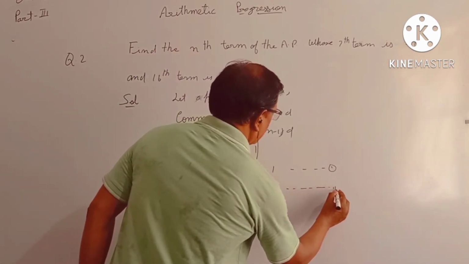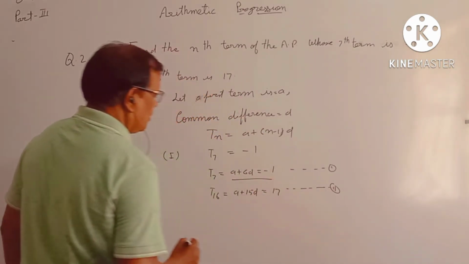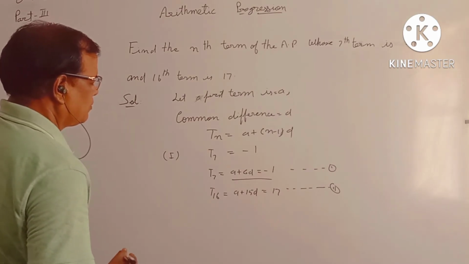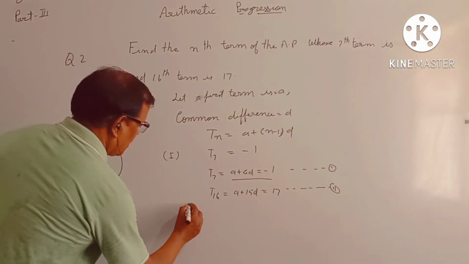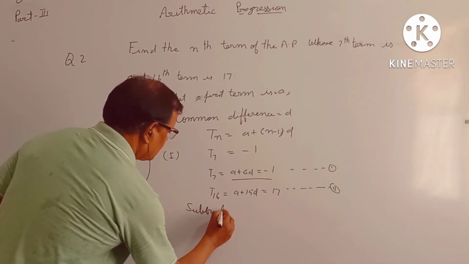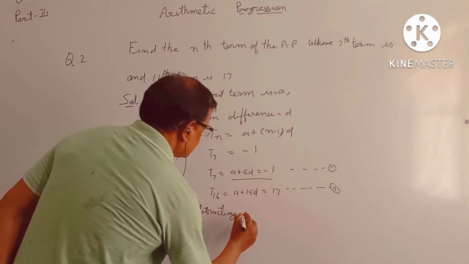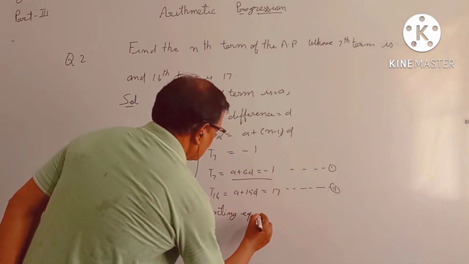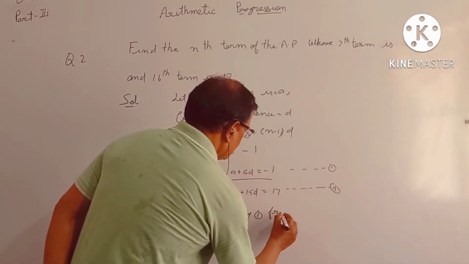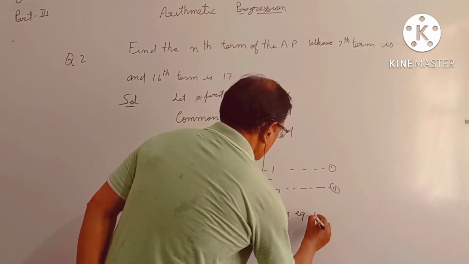So we find A and D from here. Subtracting equation 1 from equation 2.